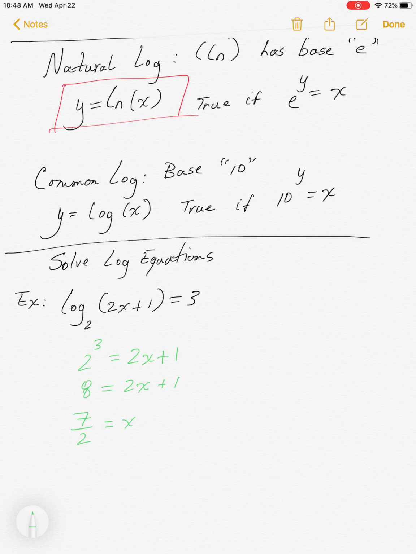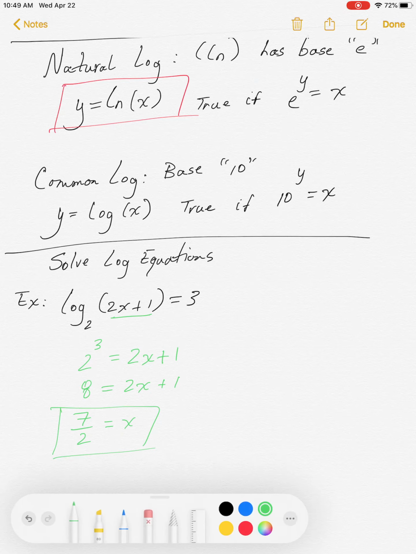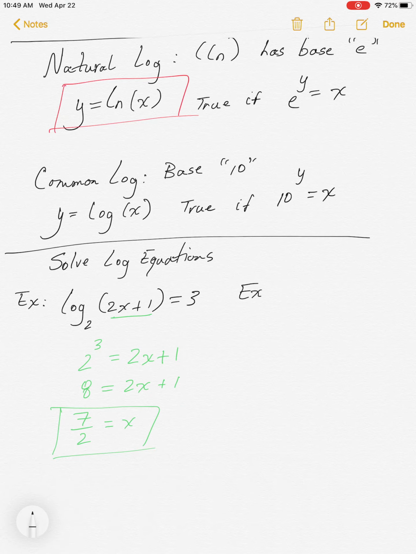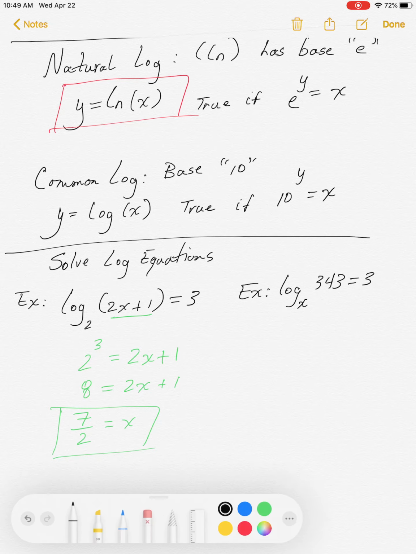Alright, that's that conversion. You can plug your answer back in to make sure that the whole expression is greater than 0, and it will be. And then your next example: you have log base x of 343 equal to 3.